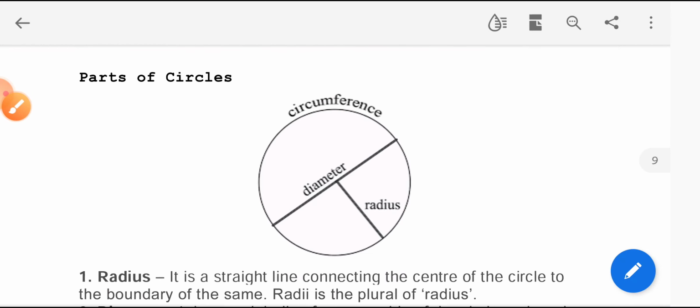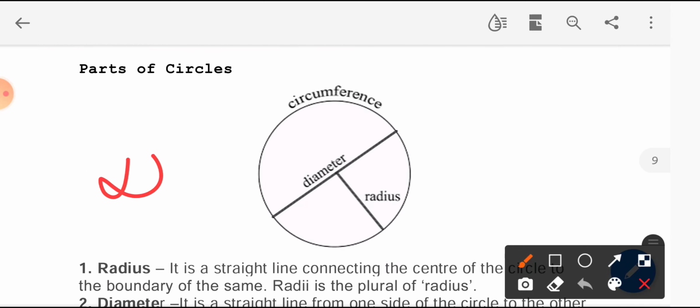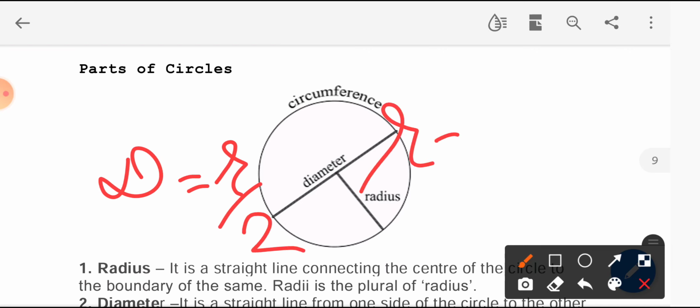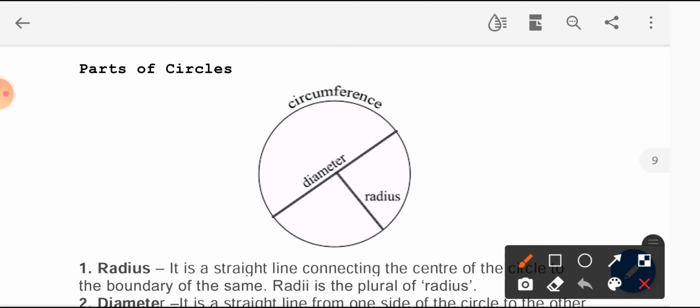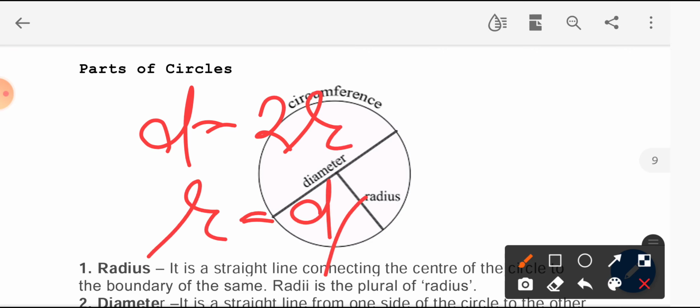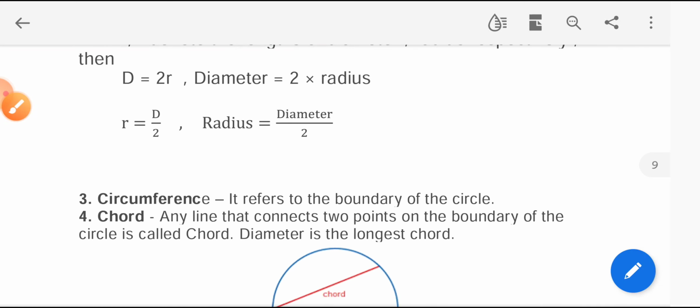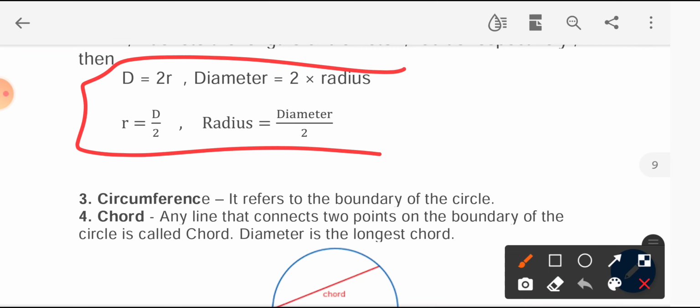So diameter is equal to double of radius, and radius is half of diameter. So this is the main relation which you should know.